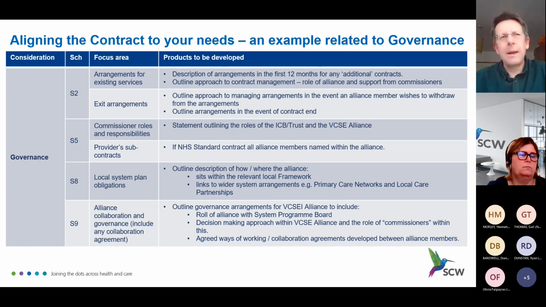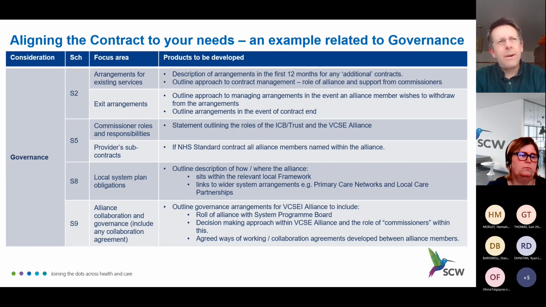But they are suggesting that the local arrangements that you would probably want to put in there can be redefined under one of the Schedule 2s. I think it's 2G, which is local plans to be relied upon, which then tries to bring back all of the system plans into a mutually agreeable arrangement.